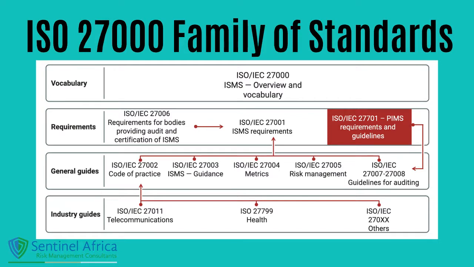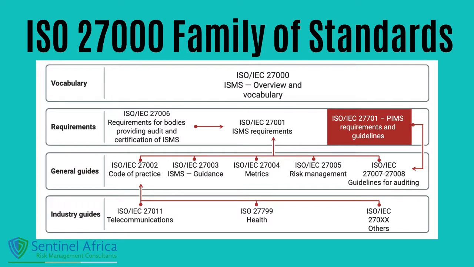Then, when it comes to requirements, you have a list of standards that give you mandatory requirements that you must follow for you to be able to show that you are meeting the intended outcome or the intended objectives of this particular discipline. The other thing about requirements documents is that you can actually get certified against these standards. So that tells you that you can actually get ISO 27001 certification, and you can also get ISO 27701 certification.